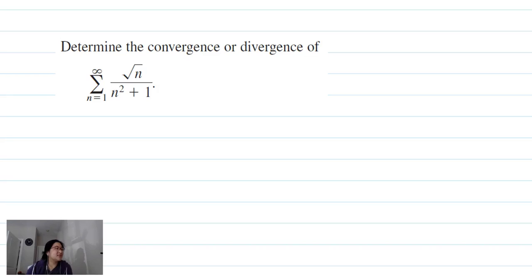Similar to that last one, maybe we want to compare this to the sum from 1 to infinity of 1 over n to the, so we have a 1/2 power in the numerator and a second power in the denominator.